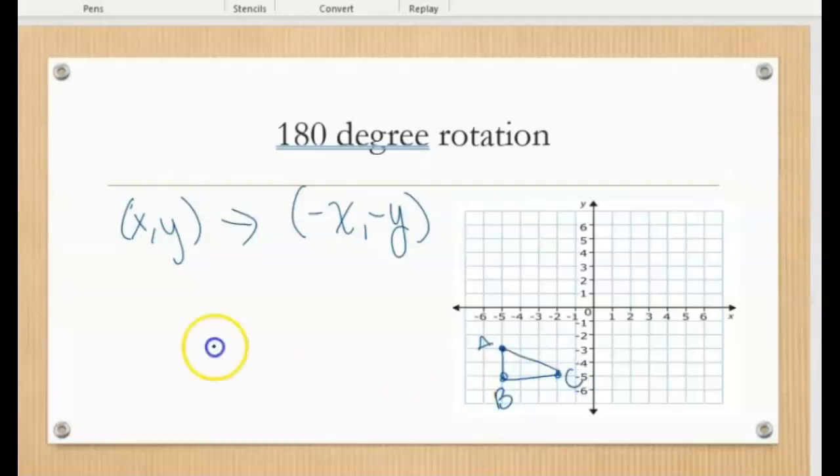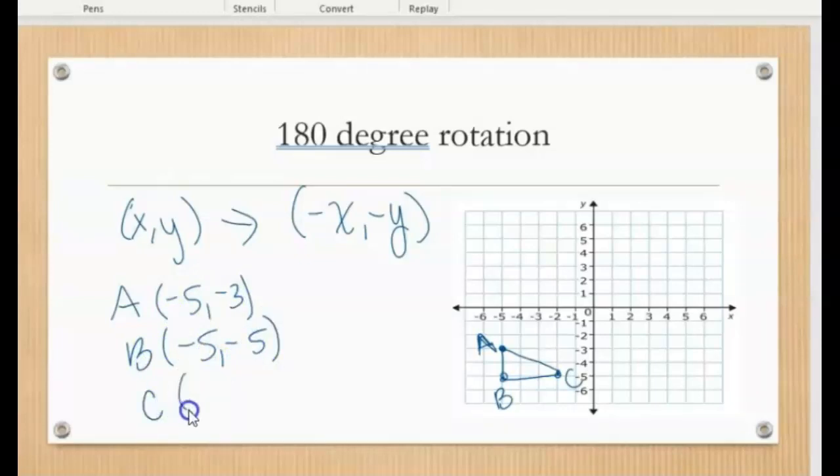Label it A, B, C. Rotations are also, I think, challenging to do visually, but if you're up for it, you guys go right ahead. A is -5, -3. B is -5, -5. And C is -2, -5.